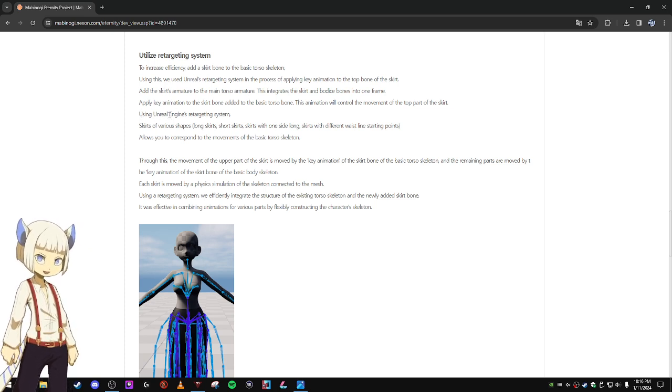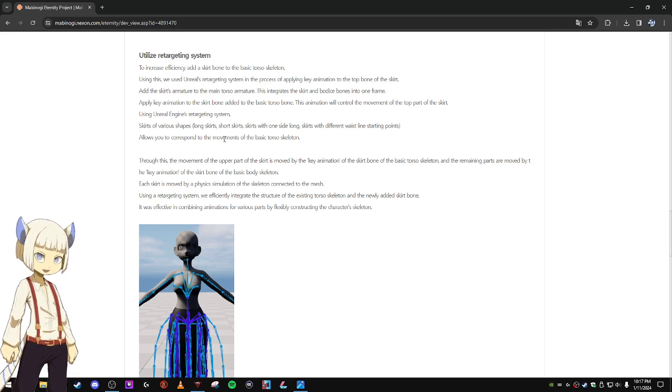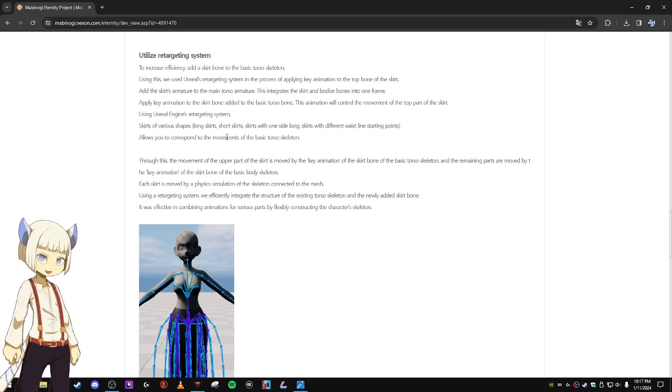Using Unreal's retargeting system, skirts of various shapes, long skirts, short skirts, skirts with one side long, skirts with different waistlines and starting points, allow you to correspond to the movements of the basic torso skeleton.